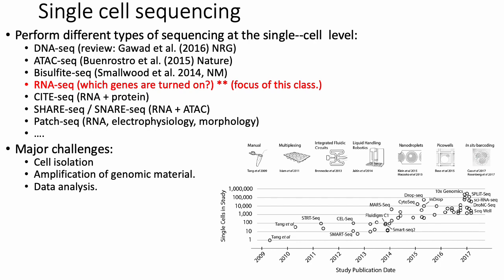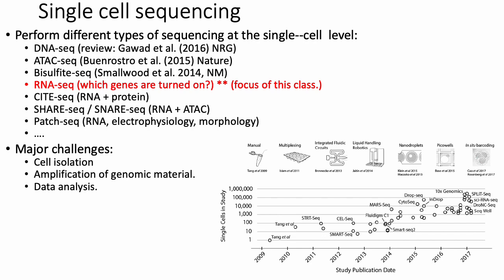Back then they could really only sequence the whole transcriptome of 1 to 10 cells. Nowadays, as recently as 2017, 2018, in a single experiment people can sequence up to hundreds of thousands or even a million cells. And so you can really see that these capture technologies have improved significantly over the years.